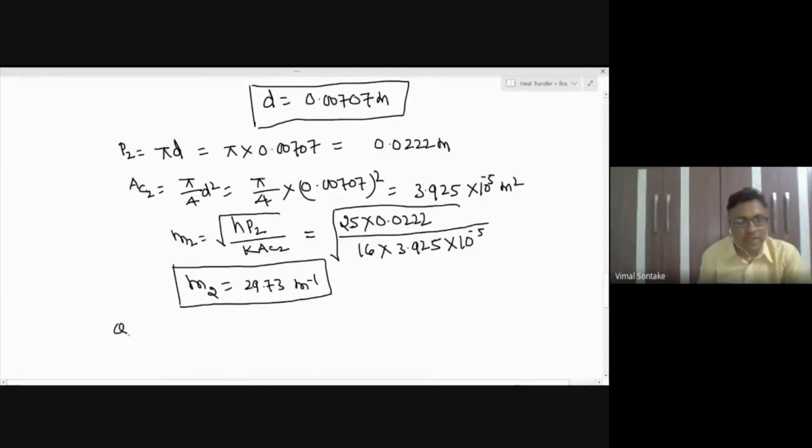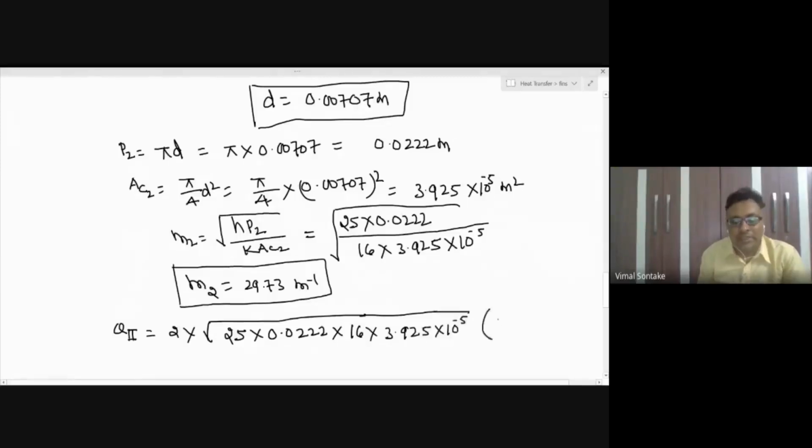Now only mathematics remains. Twice into square root of hP is 20, h is 25, P2 is 0.0222, k is 16, the cross-sectional area of smaller fin is 3.925 into 10 to power minus 5.